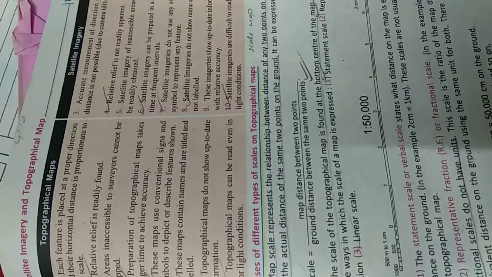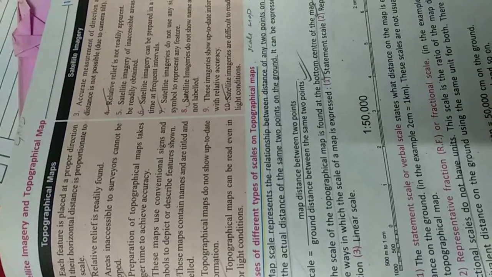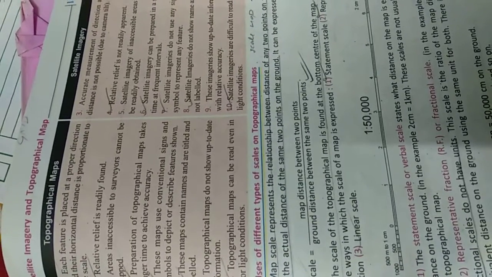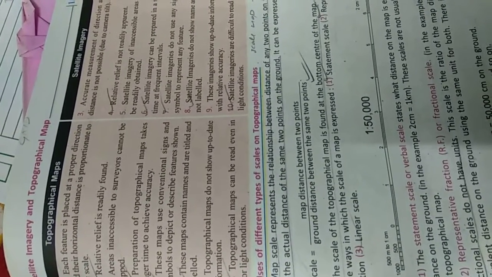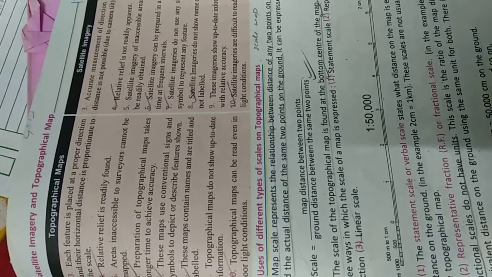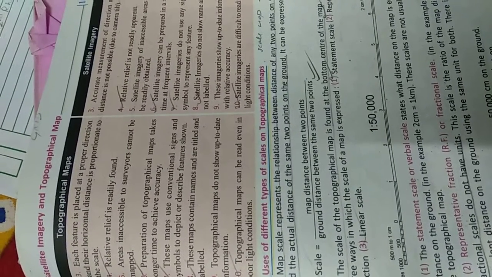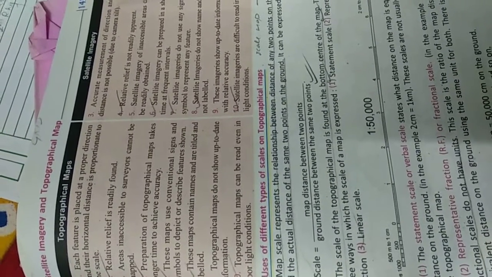Satellite imagery is prepared in a short time and at frequent intervals, whereas topographical takes a long time and is archived. Areas inaccessible to surveyors cannot be mapped, whereas satellites can go to areas where it is inaccessible.